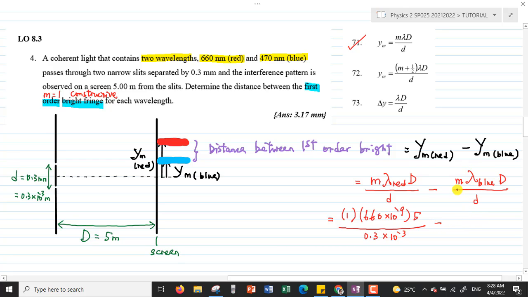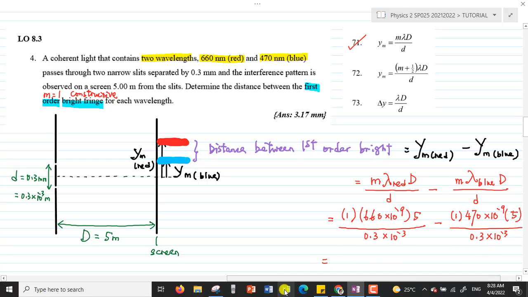Same goes for the Ym blue. We substitute the value. The wavelength for blue light is 470 times 10 to the power of -9. The distance to the screen is also 5. The separation between the two slits is 0.3 times 10 to the power of -3 meter.